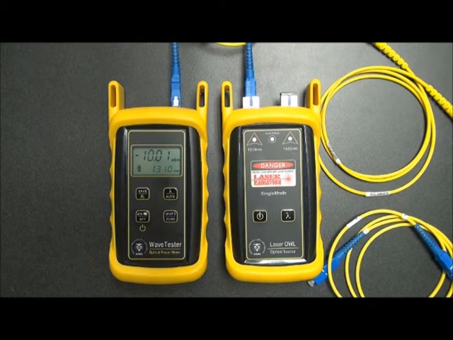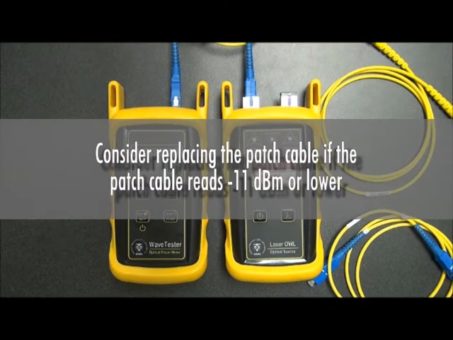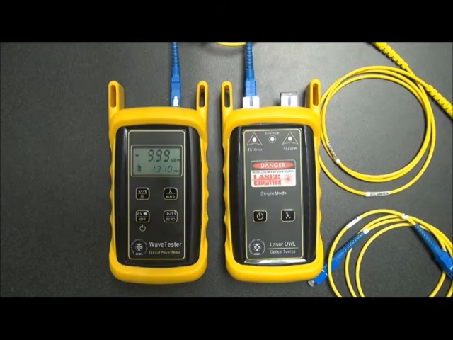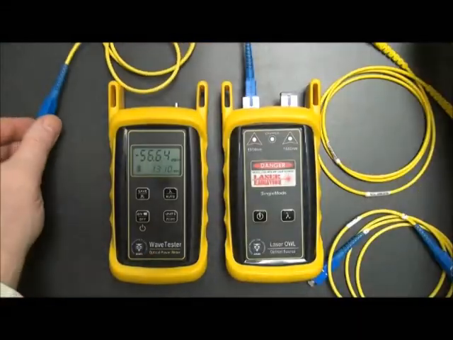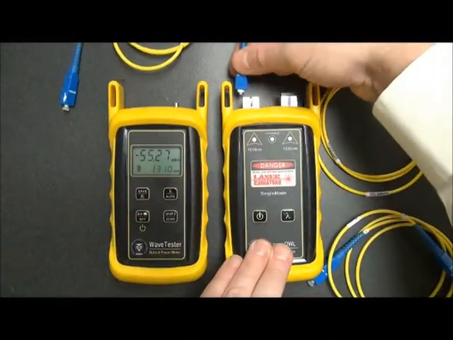What we want to make sure is that we are not exceeding minus 11 dBm. If we're exceeding minus 11 and cleaning off the connector end faces does not work, then we will need to consider replacing that patch cable. But for now, this patch cable is okay to use. So what we're going to do is replace the dust caps and set this patch cable aside for later.